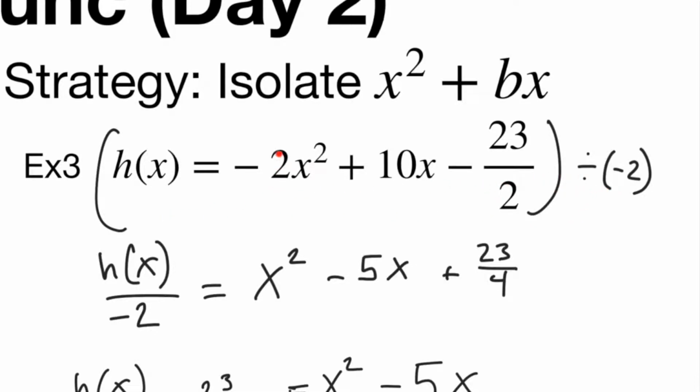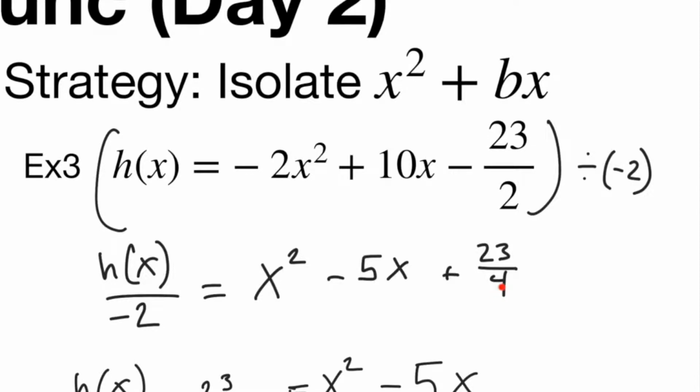When I do that, this cancels out and it's just x squared. But the resulting terms are h of x divided by negative 2. Positive 10 divided by negative 2 is negative 5. And minus 23 halves becomes positive 23 over 4. If you had 23 halves, then 23 fourths would be half of that.